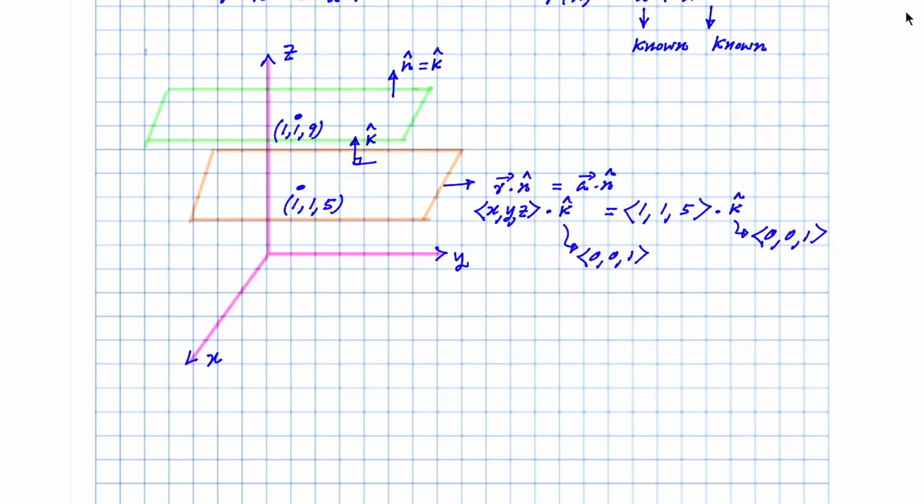Now, when you do the dot product, what are you going to get? From the left hand side you get z, equal to, from the right hand side, 5. Z is equal to 5.